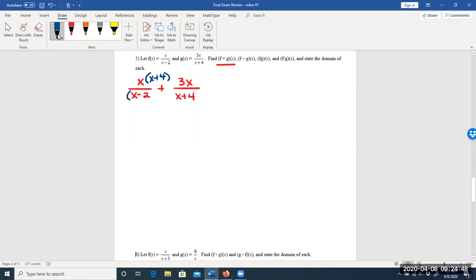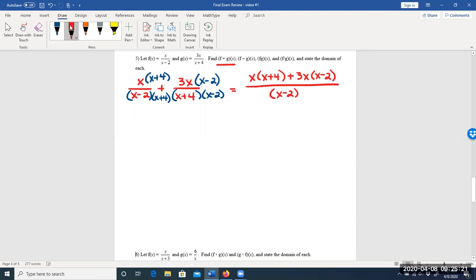So I'm going to multiply the first fraction here by x plus 4, top and bottom, and the second one by x minus 2, top and bottom. I eventually will distribute, but for now, I'm going to go ahead and just add numerators and retain my common denominator.